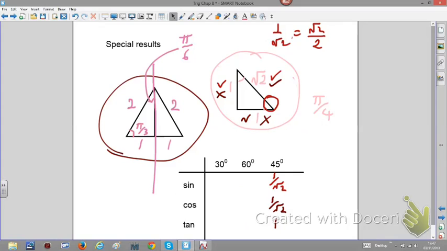So let's look at 60 to start with. Or before we do that, let's have a look at the length of the opposite to pi over 3. So this length here would be 2 squared minus 1 squared, which gives us root 3. So I'll just put an arrow there. So that length is root 3.